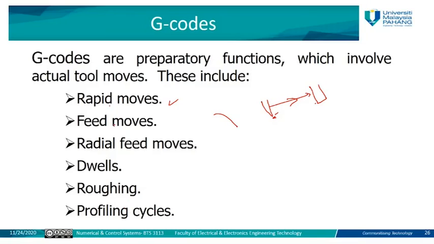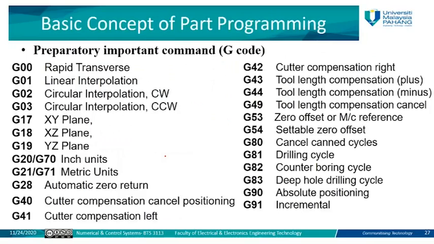Each one of these functions has more than one G code. For example, for this one there is G00, G01, G02, G03, and so on. We are going to list all of them in sequence. This table provides the most common and important preparatory functions.